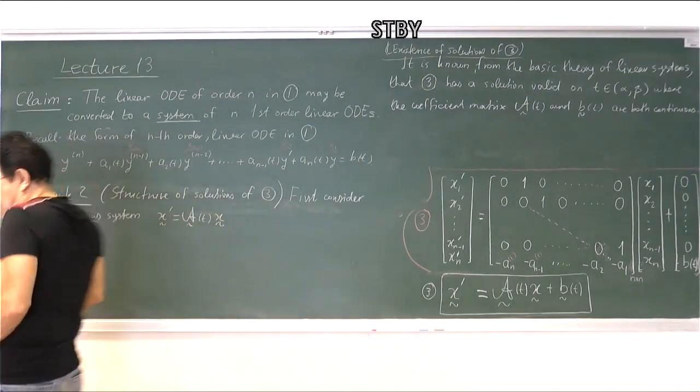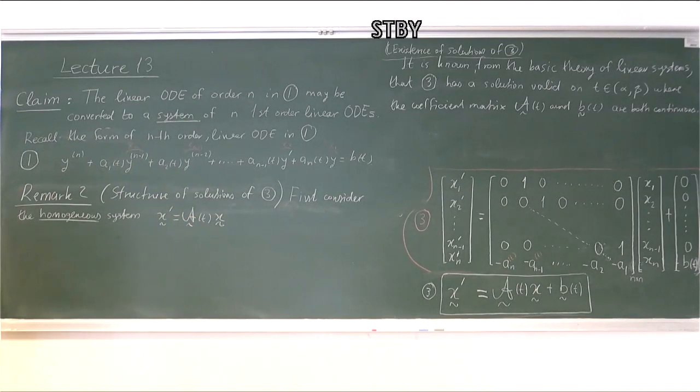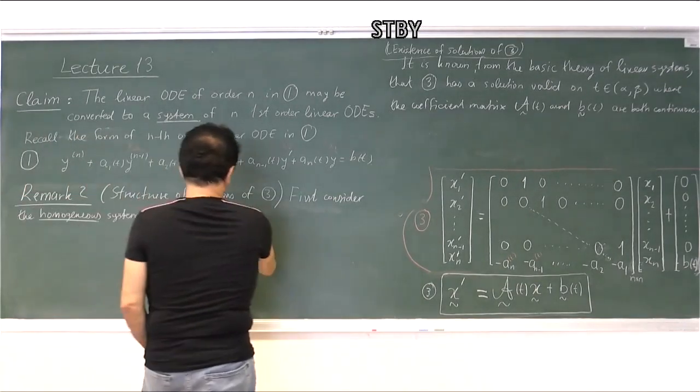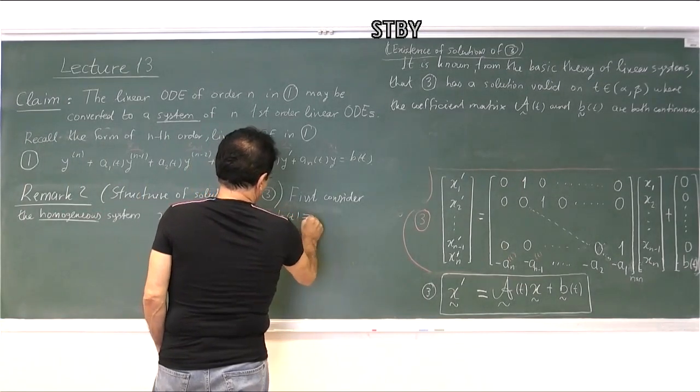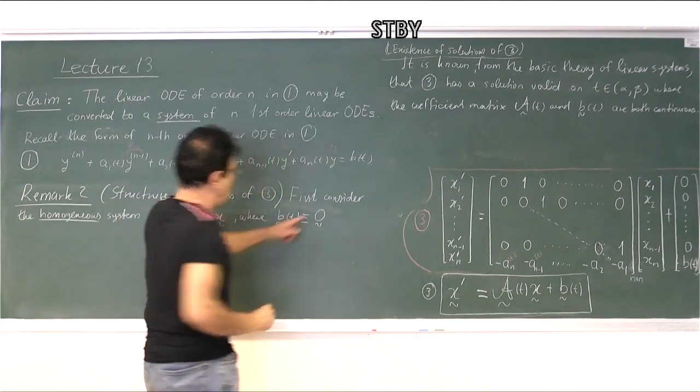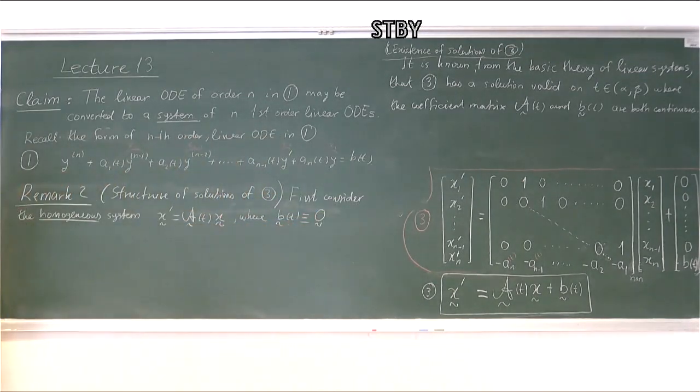X prime is A times x, okay, where P of t is taken as the zero vector identically.